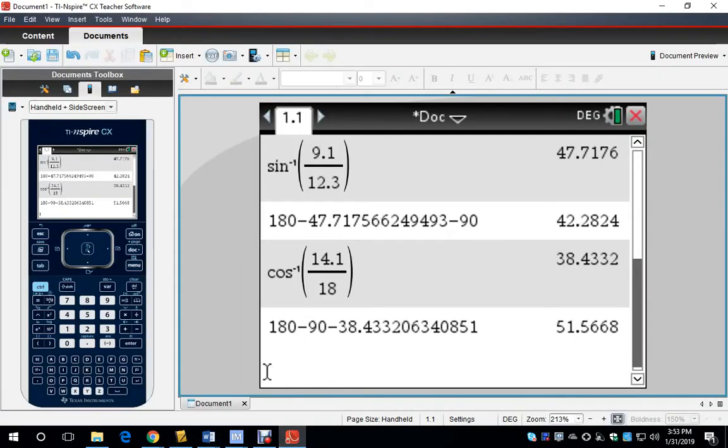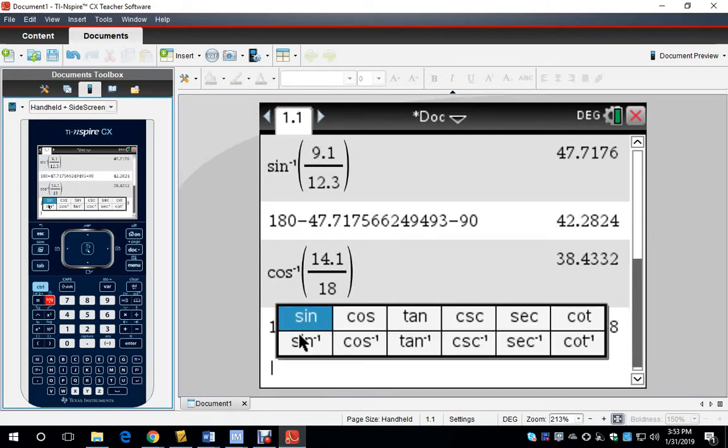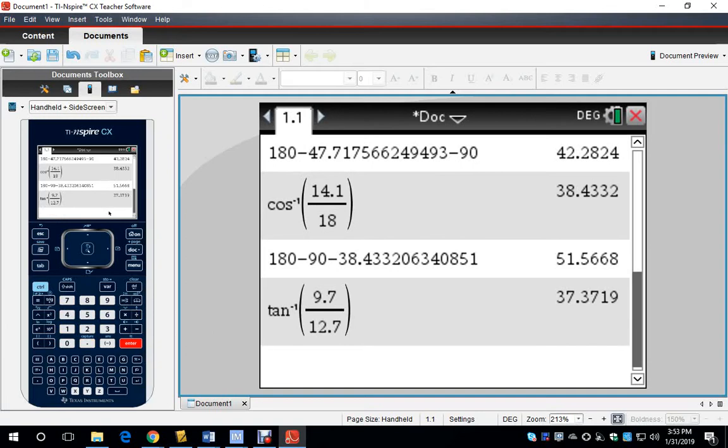which then the inverse of tangent of 9.7 divided by 12.7 gives me that my angle is 37.4 degrees.